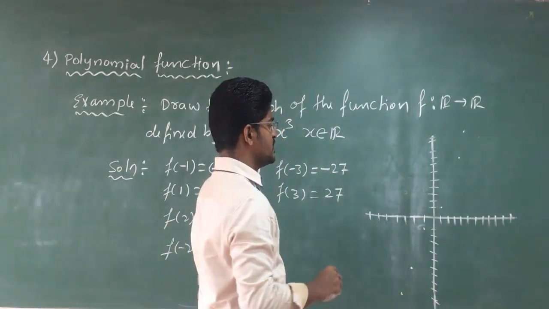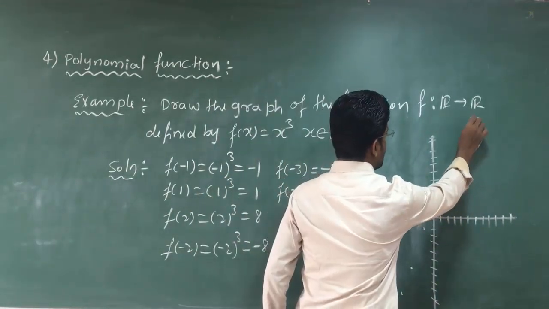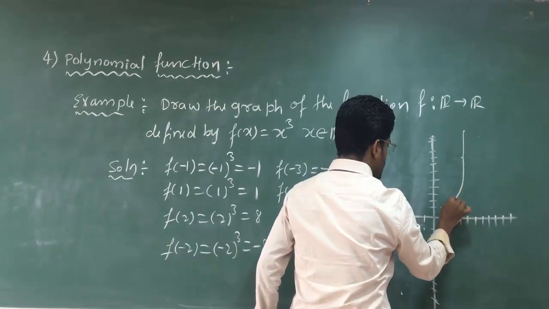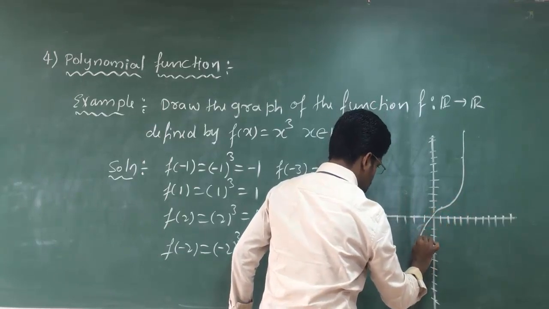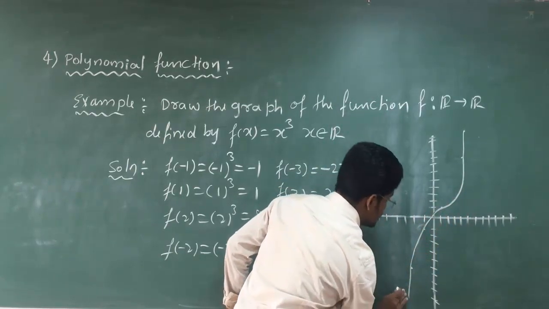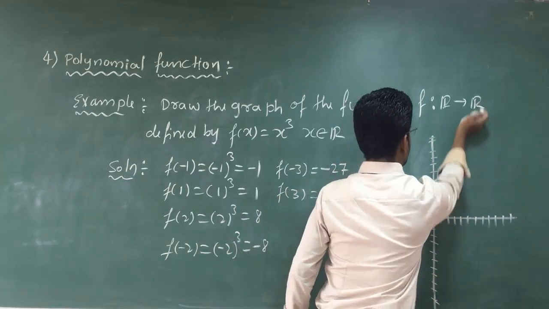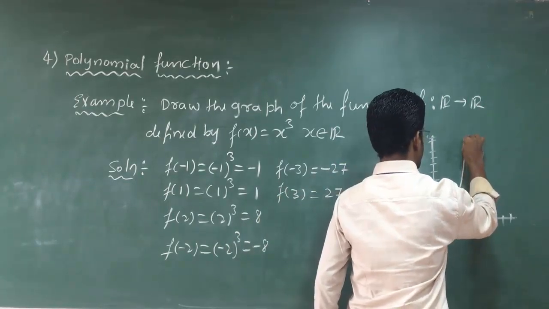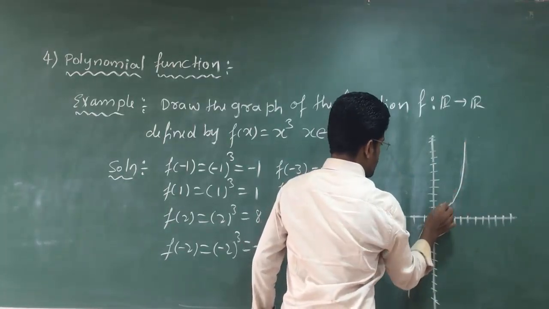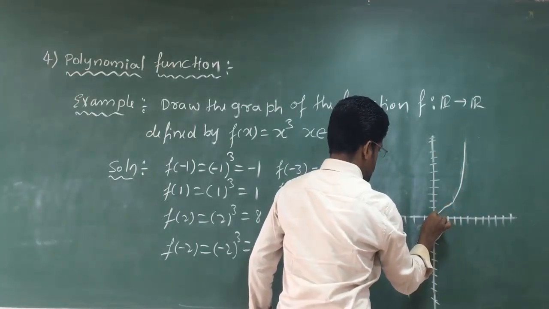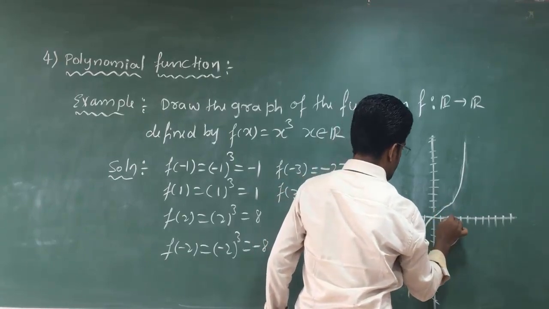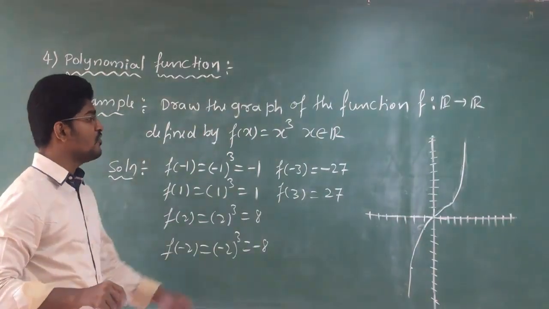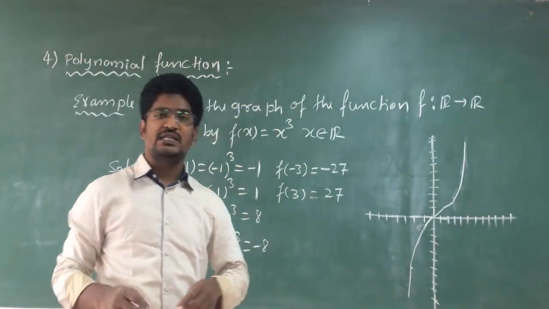Clear? So if I join these dots, what are you going to have? You are going to have the nature of the graph like this. So this is going to be the nature of f of x equal to x cube.